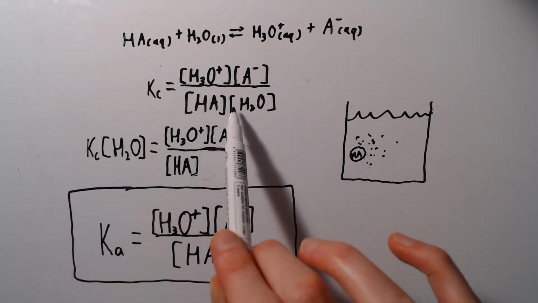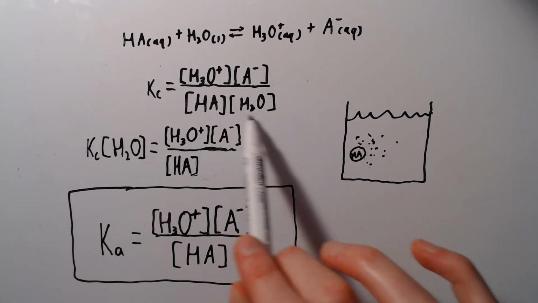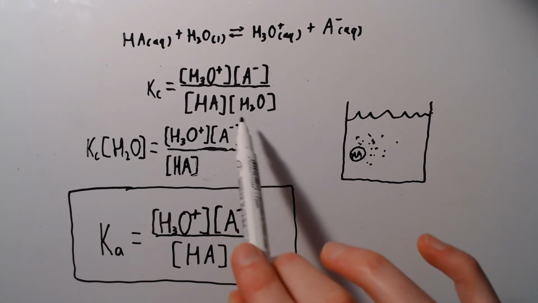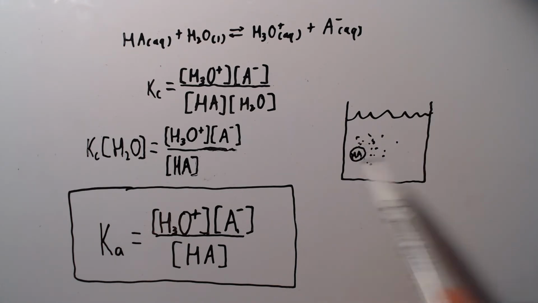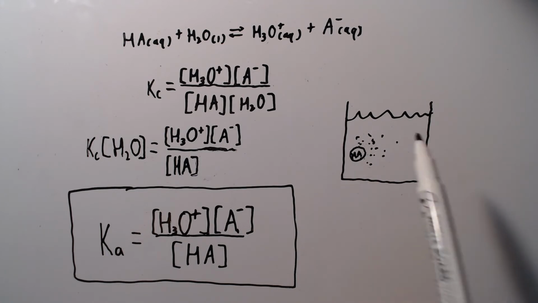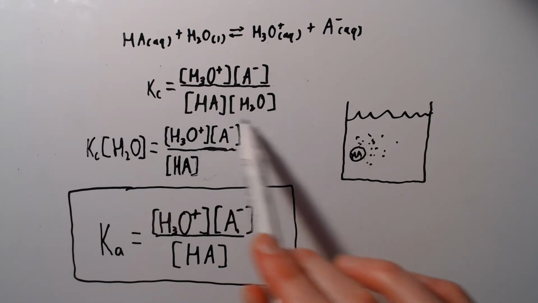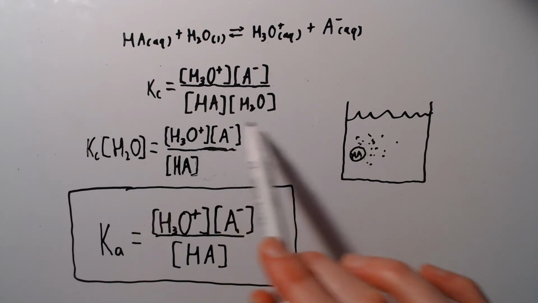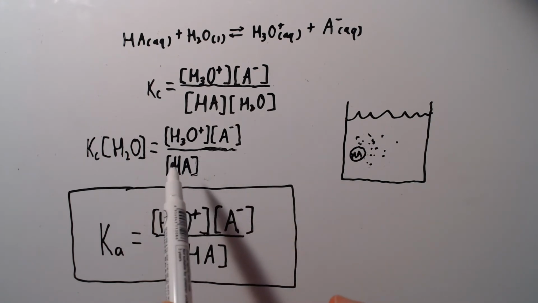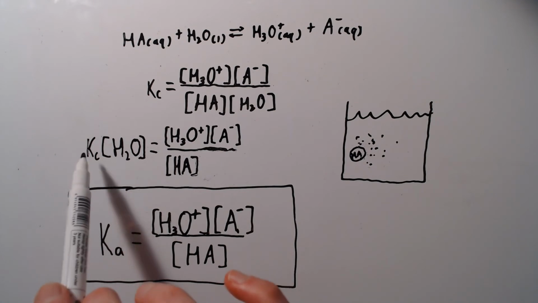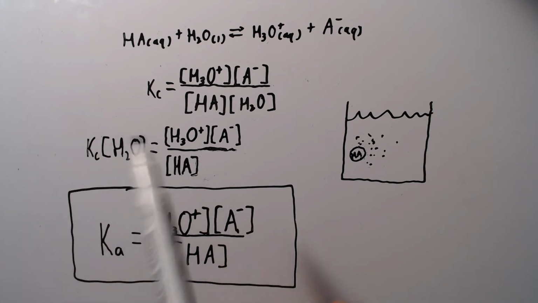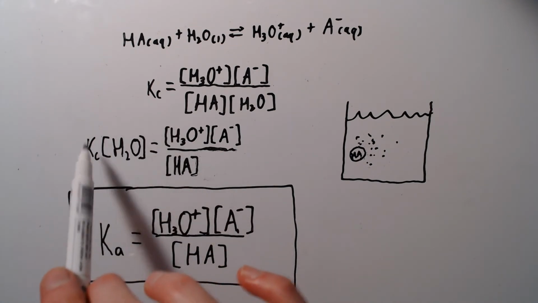Because this H2O concentration right here doesn't really change, because there's just so much water already present that a little bit of acid dissolved doesn't really change its concentration. It's negligible. So we assume that the H2O concentration here remains constant. So we can multiply this H2O concentration by the Kc at a certain temperature, because these Kc's vary with temperature.